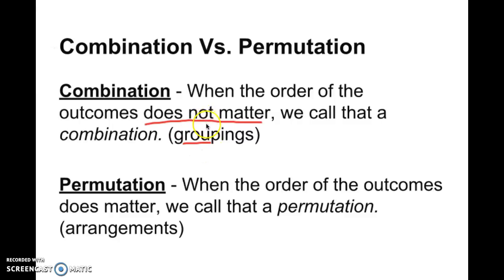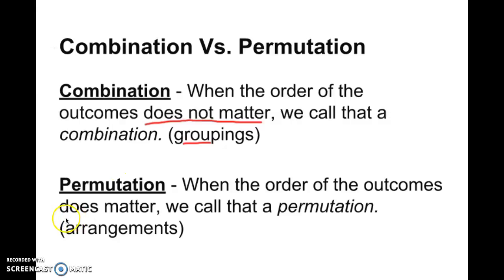So picking somebody first is the same as picking somebody second. They're still going to be in that group. So an example might be assigning members of a team, or selecting players to play on a soccer field, just people that are going to go out on the field, not worrying about positions or anything like that.